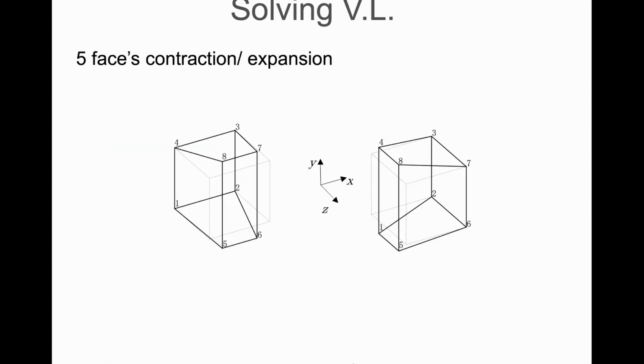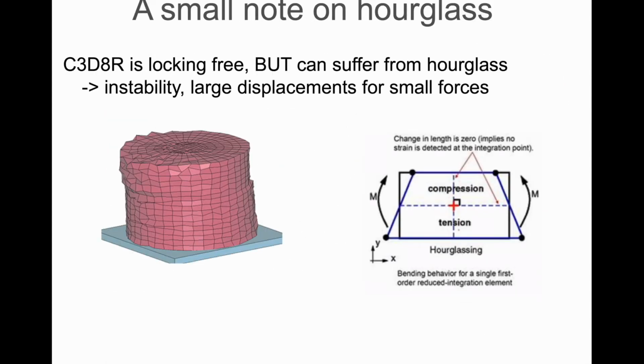Okay, so once again, this is the formulation in Abaqus known as the C3D8R. Okay, the R stands for reduced integrated. So you'll see when we are going to use Abaqus that there are some options to control the hourglass instability.